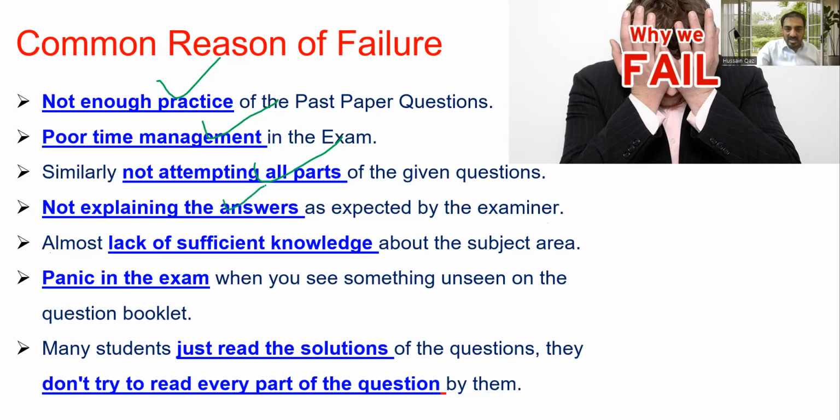Not explaining the answer as expected by the examiner means you haven't read the question carefully. You answer the question with your own understanding rather than what the examiner expected.